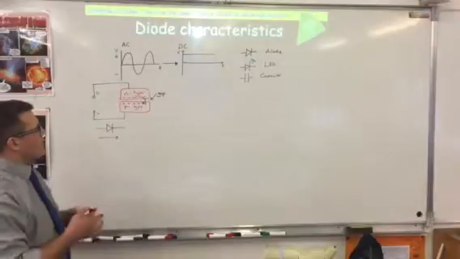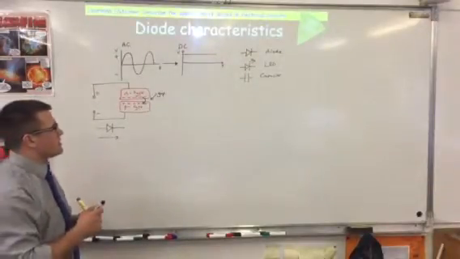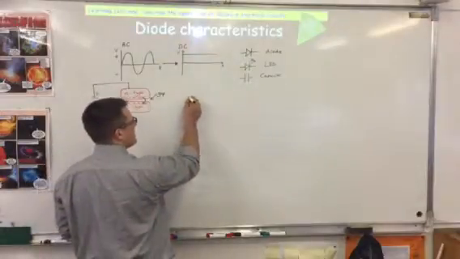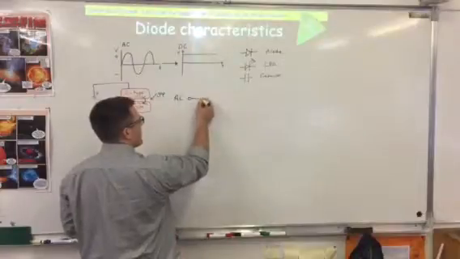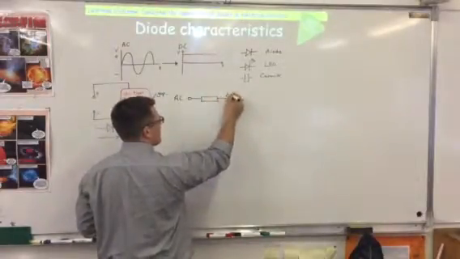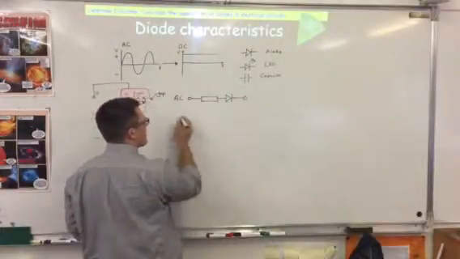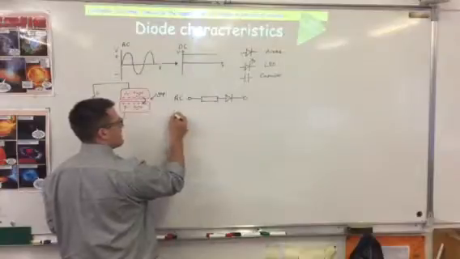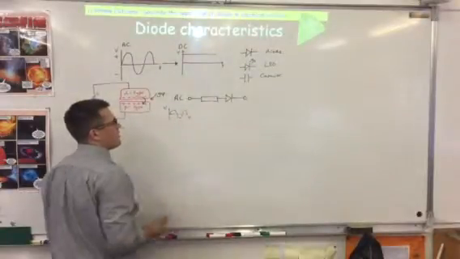The other thing that we have in a basic circuit with a diode is we always use a resistor to protect the diode. So the first thing we'll think about is a circuit with an AC input, a resistor, a diode, and then the output. My input would be AC, so it's going to be our sine curve like this.